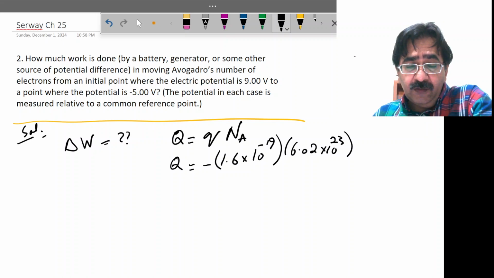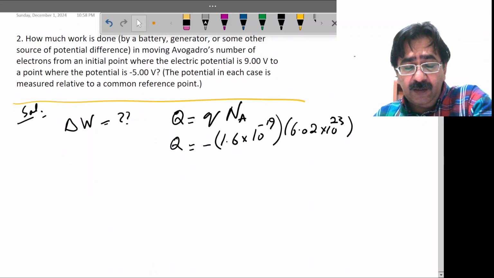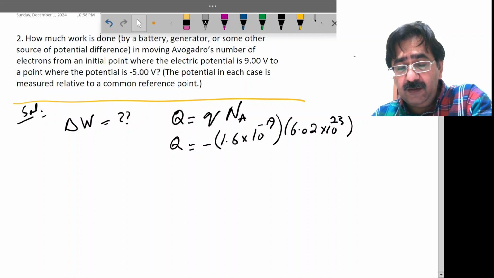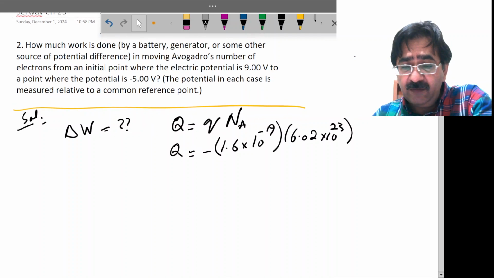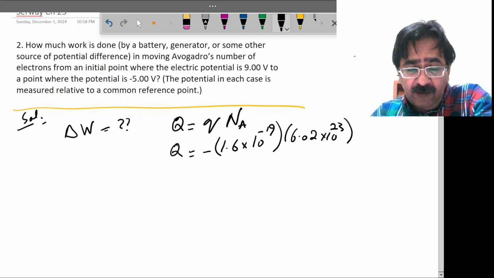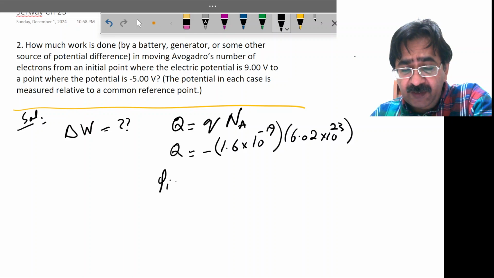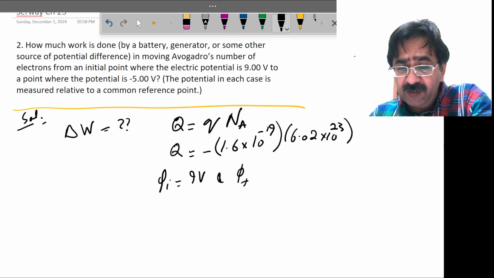So as we know, we have to find the work, and the potential difference is also given. The initial potential phi i is 9 volt, and the final potential is minus 5 volt.